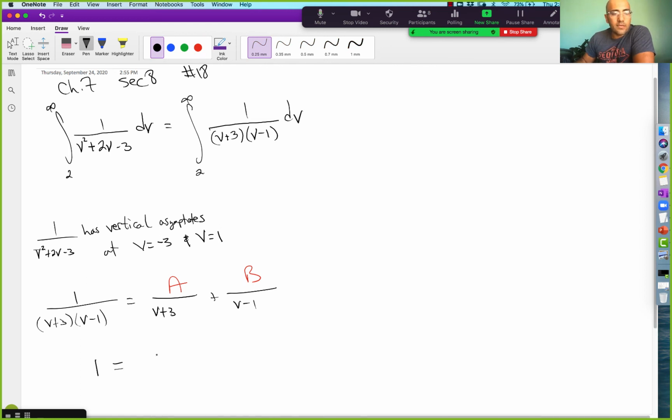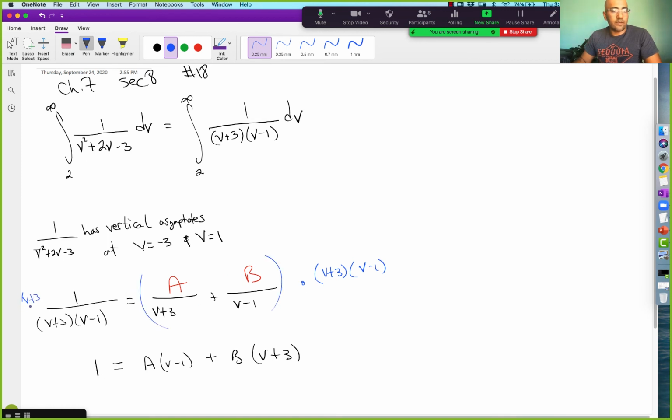We end up with 1 equals A times V minus 1 plus B times V plus 3, right? I got that by multiplying this side by V plus 3 and V minus 1, and then the same thing on the other side. So all of this cancels, leaving me just a 1.